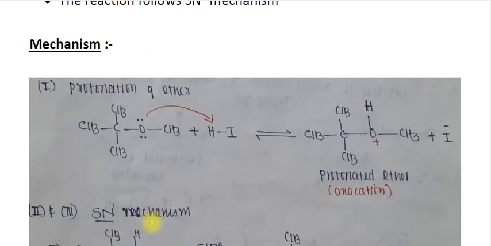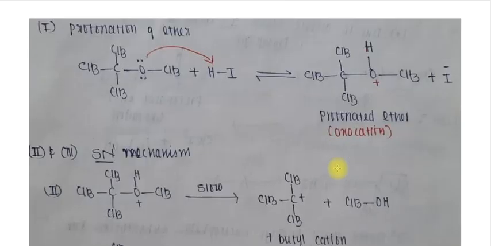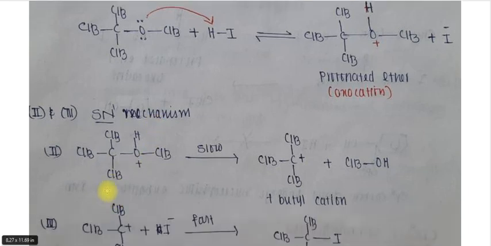Here the mechanism is given, for an unsymmetrical alkyl group and symmetrical alkyl group. The first step is protonation of the ether: (CH3)3COCH3 plus HI is getting protonated first, giving the protonated ether or oxocation plus I minus. The second and third steps follow the SN1 mechanism.